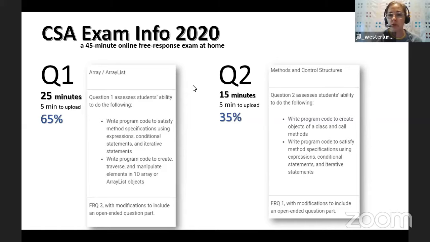So question 2 will come after question 1. You will not be able to go backward to question 1. Once you're at question 2, that's your full focus. You'll have 15 minutes to do that question and a 5-minute upload. It's worth 35%. And it's the question that we would have talked about all year from the course and exam description as being question 1 that you've prepared for. So that's slide number 1.